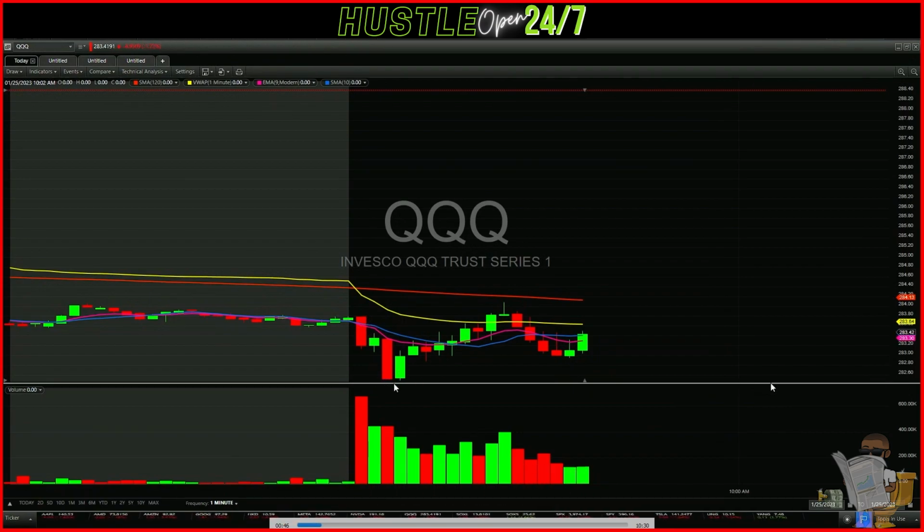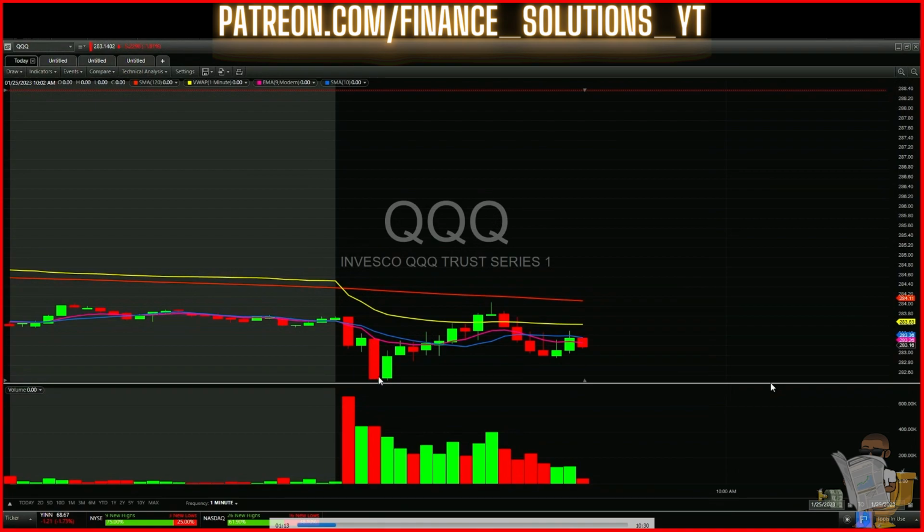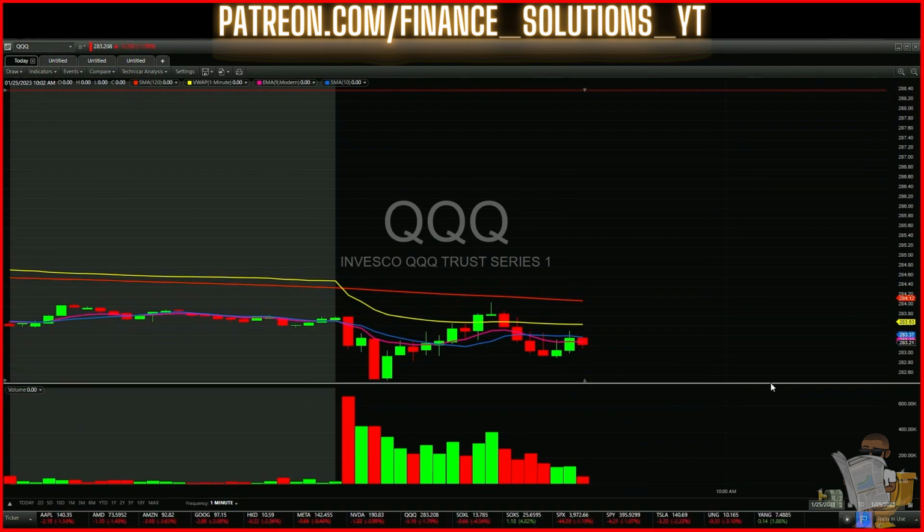Like this little level that we bounced off of. I mean, yeah, I could have got out here, but I felt like, bro, that wasn't enough fading. So I'm not looking for just from here to here. I'm looking from here, cracking past this level and going to the downside more, basically.